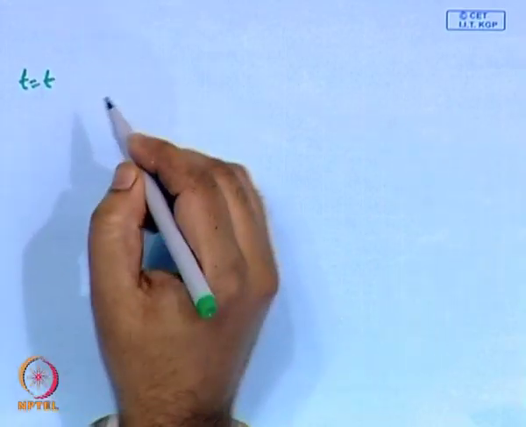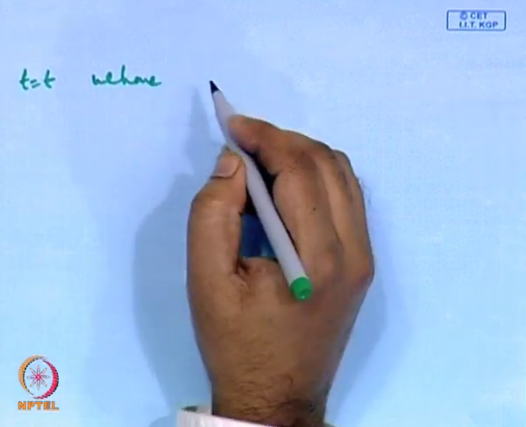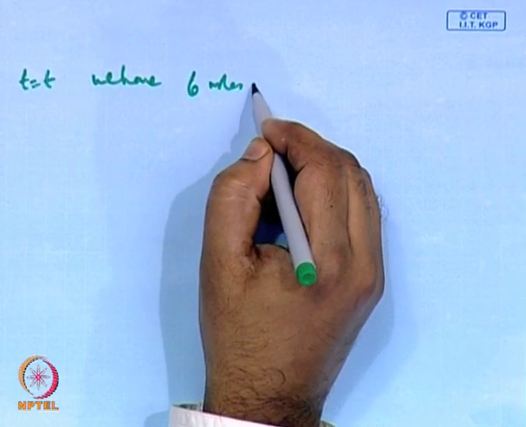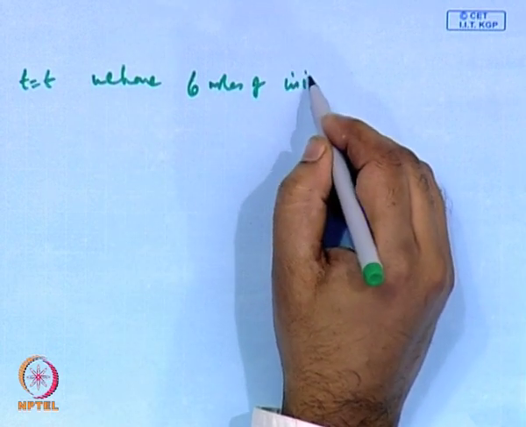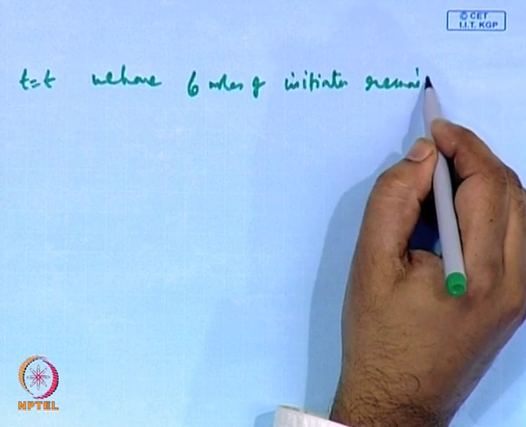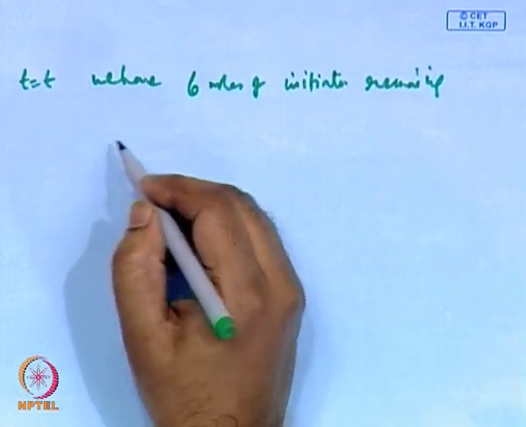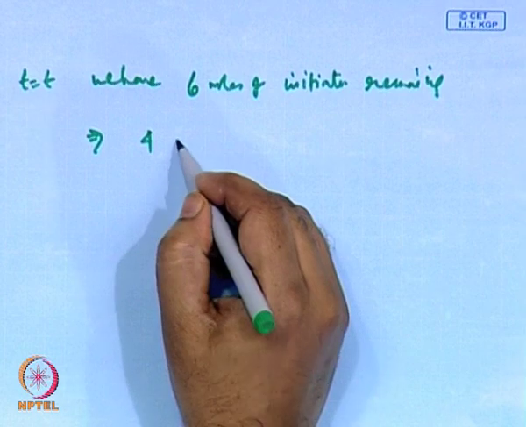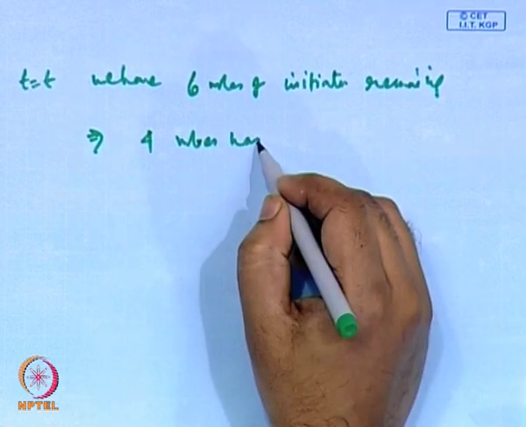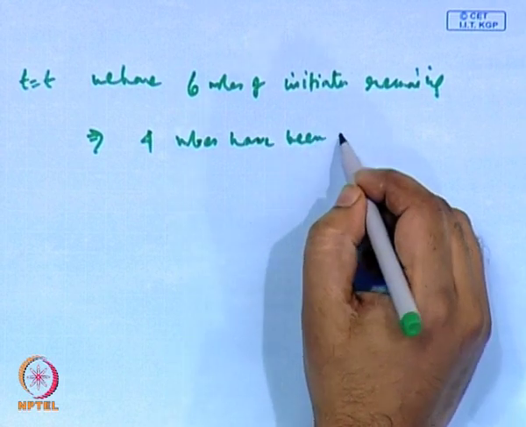At time t, we have 6 moles of initiator remaining, which means 4 moles have been consumed.